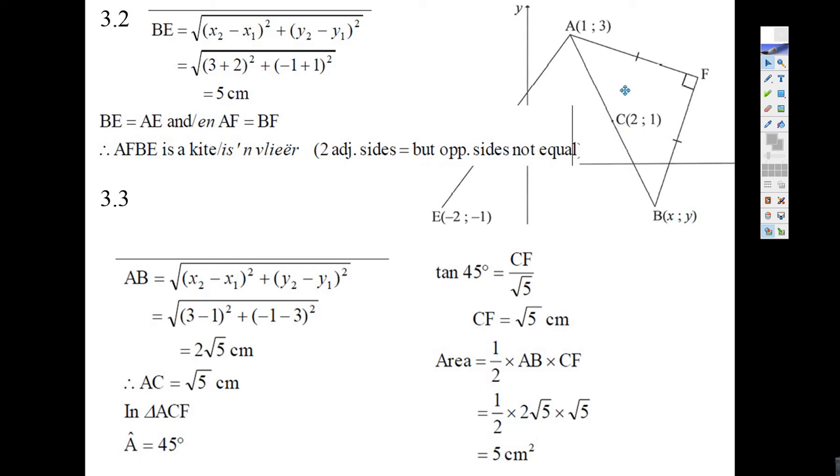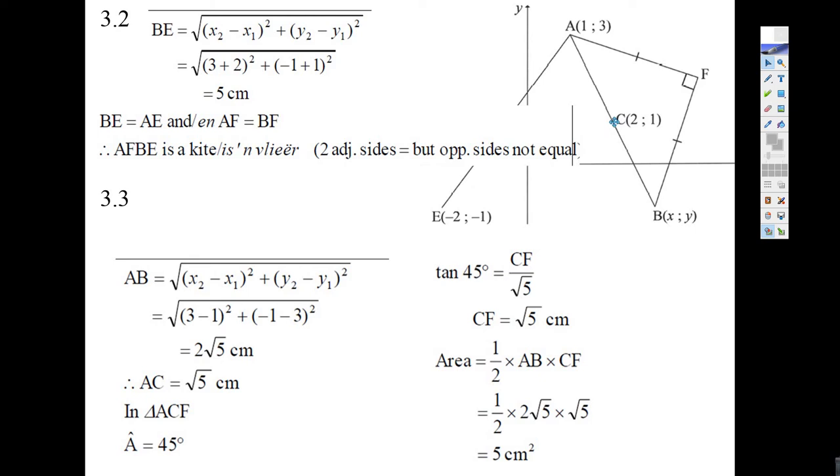We're going to do the x coordinates first. 3 minus 1 and -1 minus 3. When you put it in your calculator, 2 squared and 4 squared, you're going to get 16. You're going to get the square root of 20, which is 2 root 5. So AB is 2 root 5.